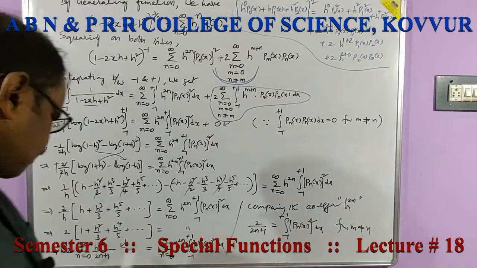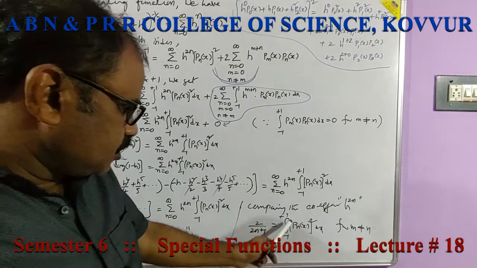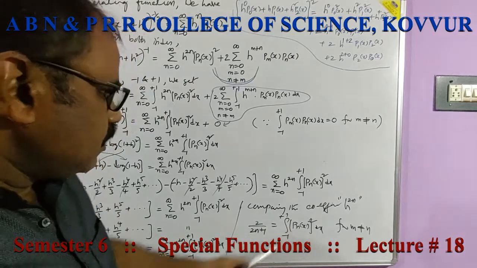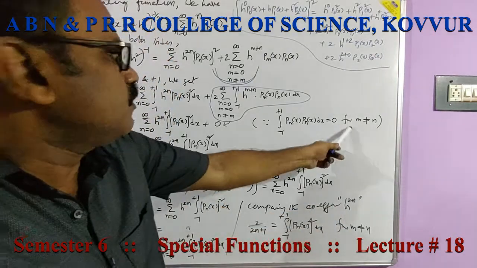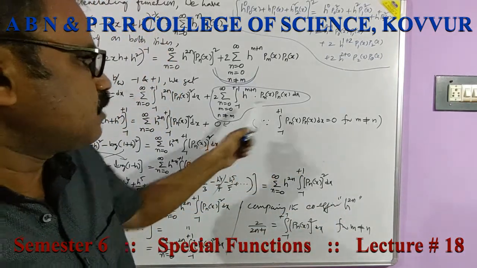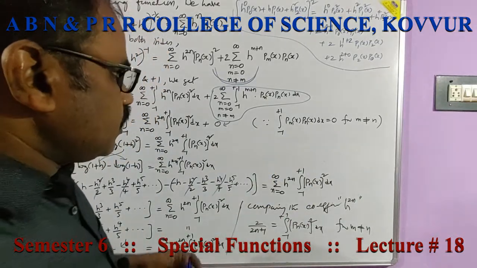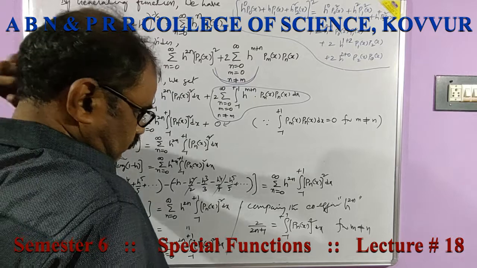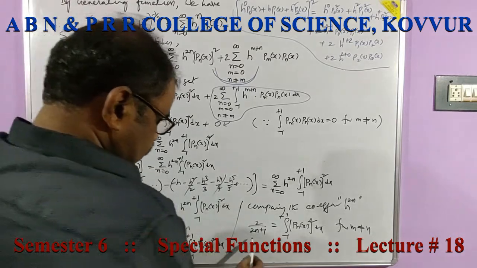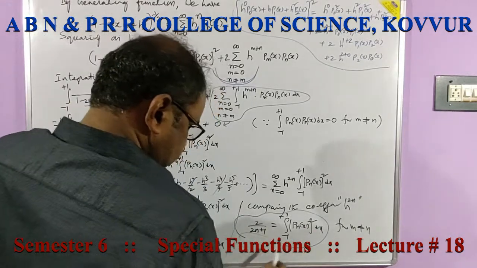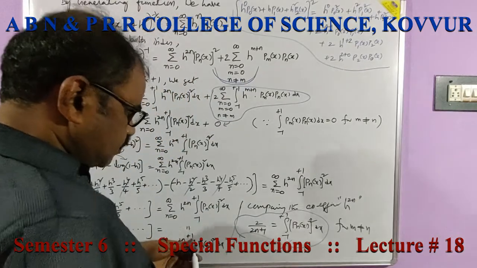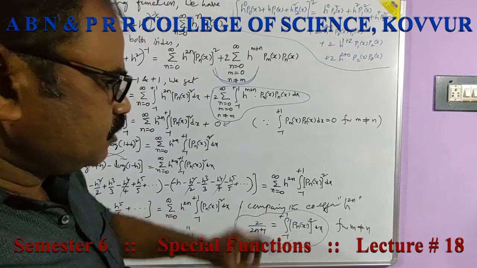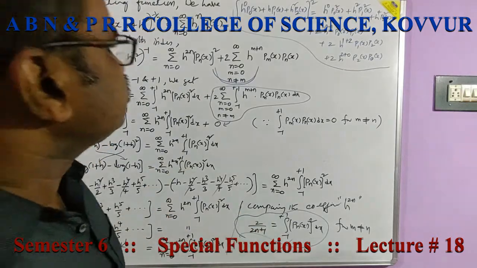So 2 by 2n plus 1 is equal to integral minus 1 to plus 1 (Pn(x)) whole square dx. Here we have chosen m is not equal to n. Therefore, integral minus 1 to plus 1 (Pn(x)) whole square dx is equal to 2 by 2n plus 1 in this case, right?